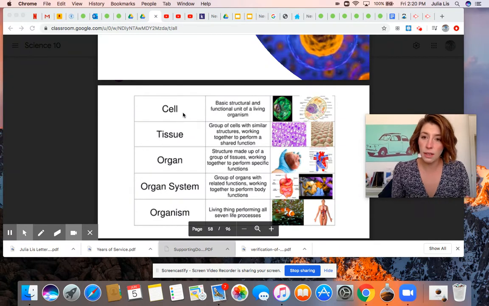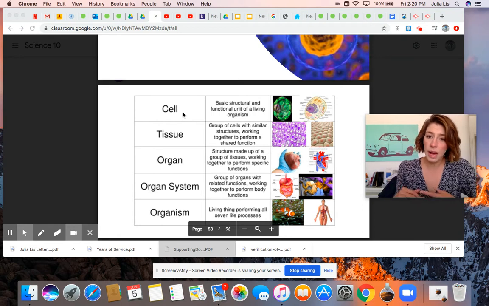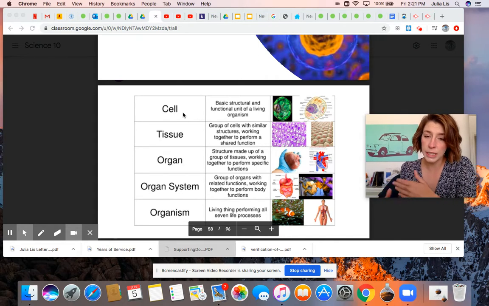So, a cell is really the building block for organisms, for you and I, and for different species and living bodies. And so, if you have a number of cells that are working together, we then call that a tissue. So, a number of cells that are working together for a certain function will form special tissues.